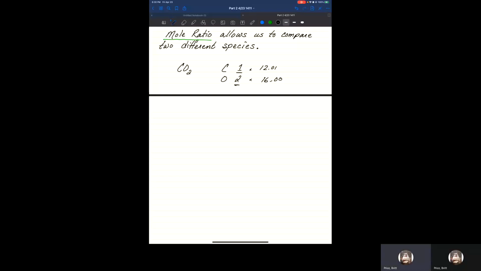This time I want to focus more on the 1 and the 2. 1 carbon dioxide molecule contains 1 carbon atom and 2 oxygen atoms.